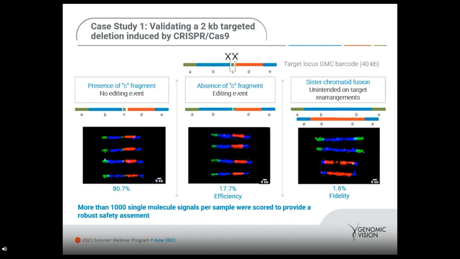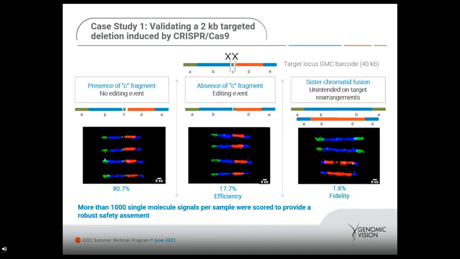Importantly, in the same sample, we also observed on-target unintended rearrangements that are depicted in the third panel. These events are caused by sister chromatid fusions and happen at 1.6% frequency. And this is quite high, and it's really difficult to identify this type of rearrangement with another technology.